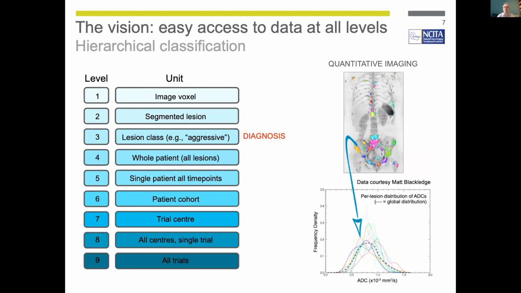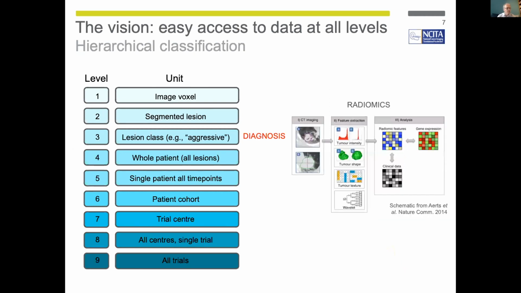Now, all of the histograms are different, but previous experience tells us that their shape and the value of ADC at the peak can help us distinguish between different types of lesion. If we then choose to analyze not just the statistical features of the data, but also other properties, for example, texture, maybe add some clinical data in and some genomics, then we have the type of radiomics prediction that Evis and Eric have just been talking about.